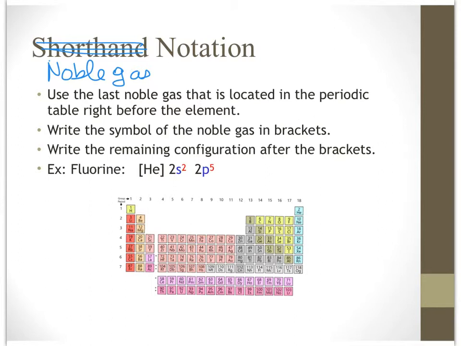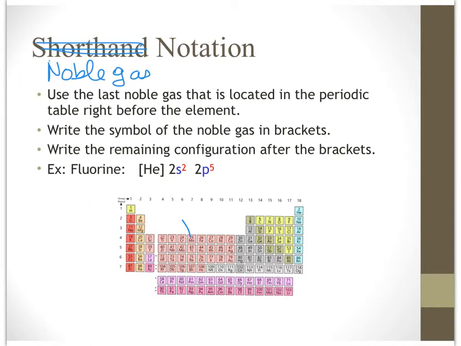So let's do an example. How about manganese, Mn, 25. So, manganese is 25. The noble gas that precedes it then is argon, which is number 18.